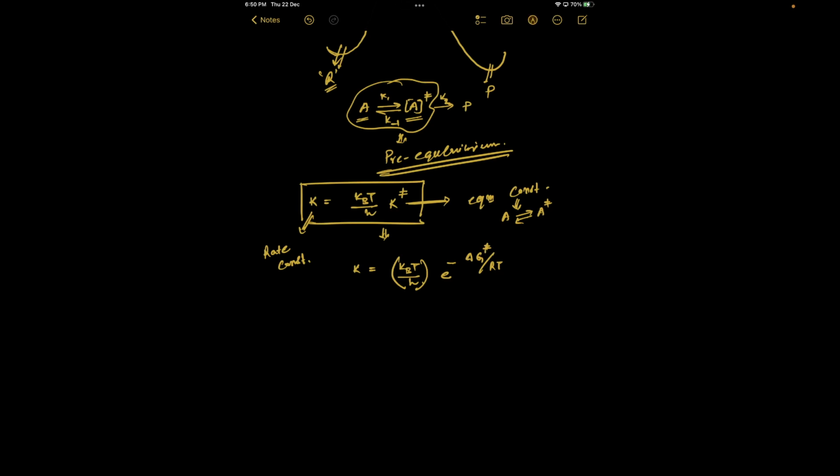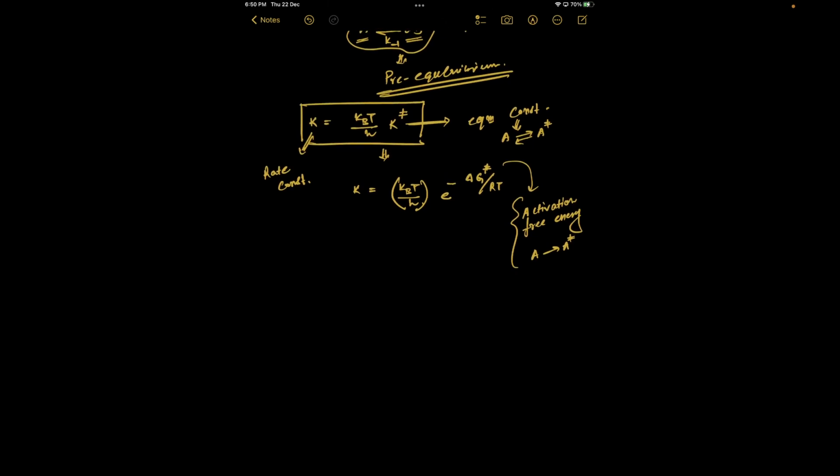So delta G double dagger is the free energy of activation, for which step? For this step, A to A double dagger. This is the activation free energy.